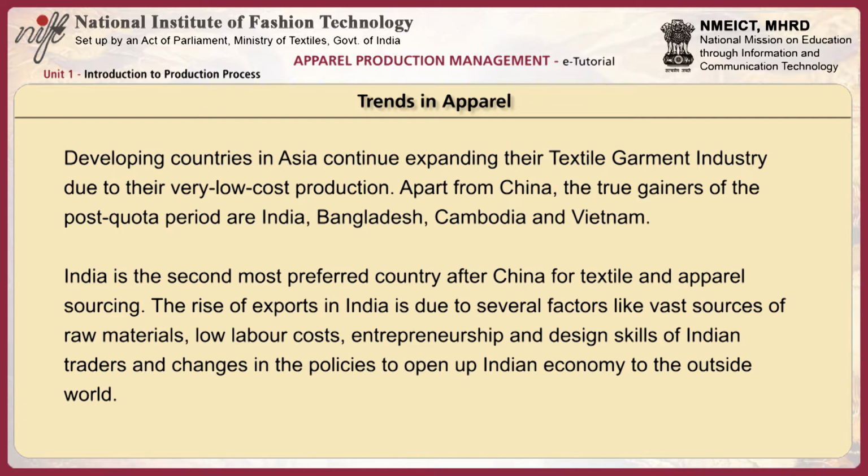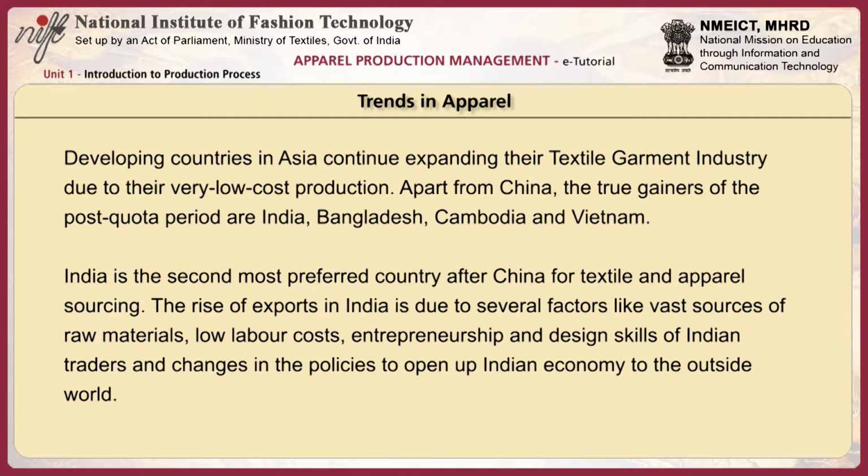Apart from China, the true gainers of the post-quota period are India, Bangladesh, Cambodia, and Vietnam. India is the second most preferred country after China for textile and apparel sourcing.